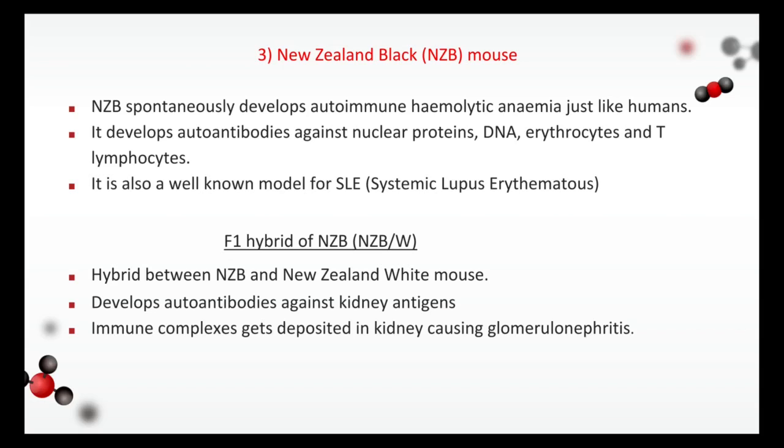Due to the malfunctioning in immune system, different types of autoantibodies are produced which will attack the red blood cells. Due to the attack on red blood cells, it leads to hemolysis and also anemia.